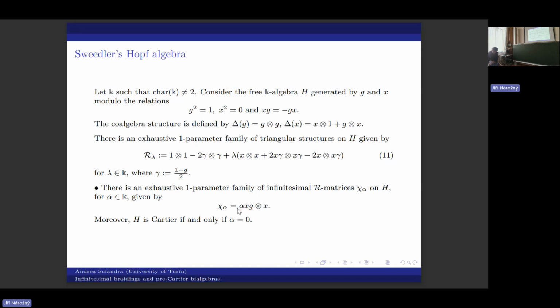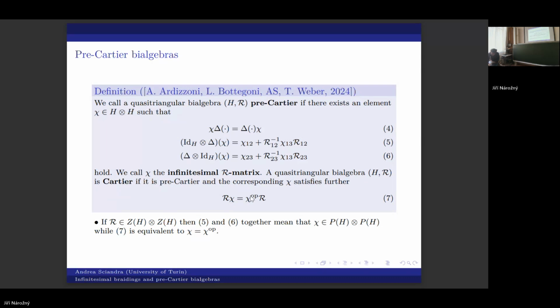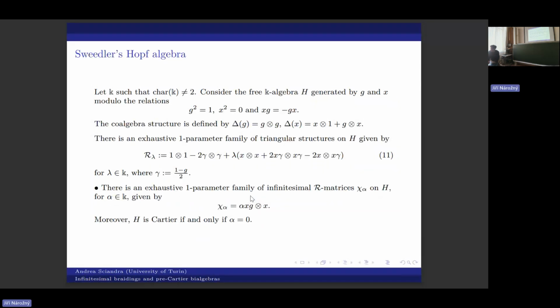And moreover, if we also ask the Cartier assumption, so this one here, we just obtain 0. So the Sweedler algebra has no non-trivial Cartier structure, but it has pre-Cartier structure. So this is an example that, in fact, motivates our definition because there are no Cartier structures, but there are pre-Cartier structures for the Sweedler algebra.